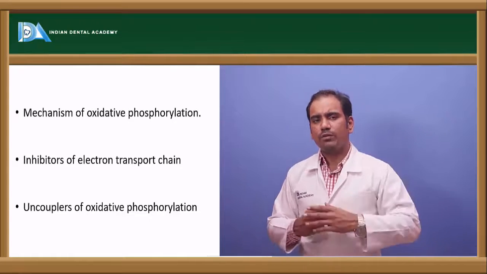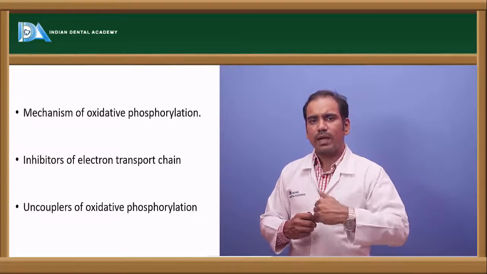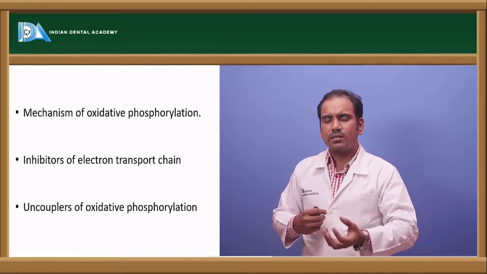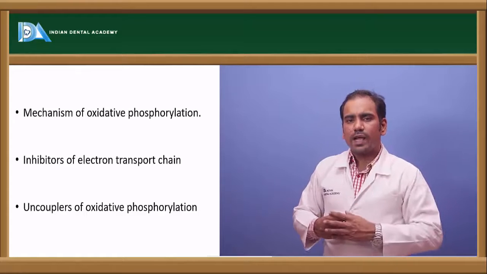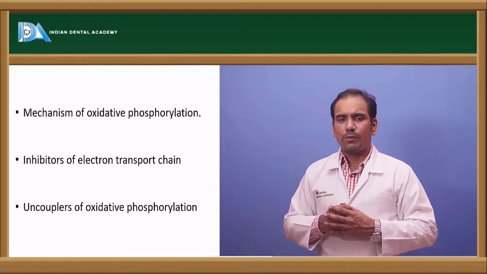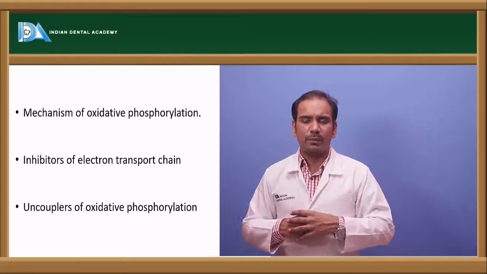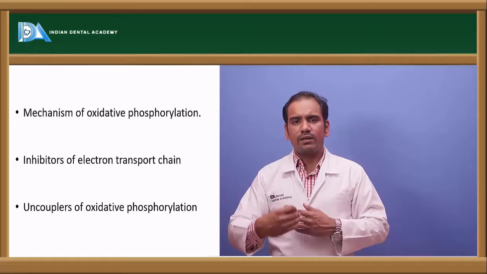Protons will be pumped into the intermembrane space, but those protons again come back into the mitochondrial matrix. Not only H plus ions, other positive ions also enter into the mitochondrial matrix through the inner membrane, because these uncouplers change the inner membrane permeability, such that the positive ions can freely enter into the matrix.